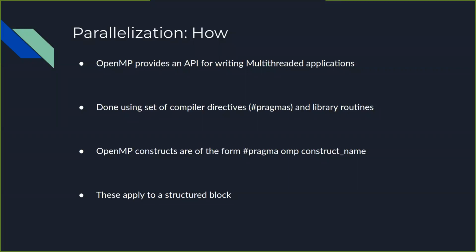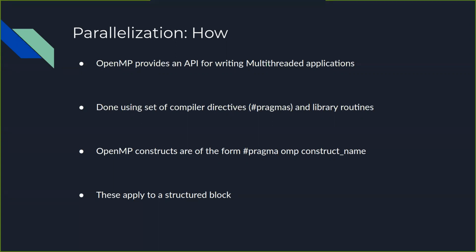But OpenMP simplifies a lot of the pain we see in developing multi-threaded applications. OpenMP does parallelization by using a set of compiler directives, which are pragmas, and some library routines.